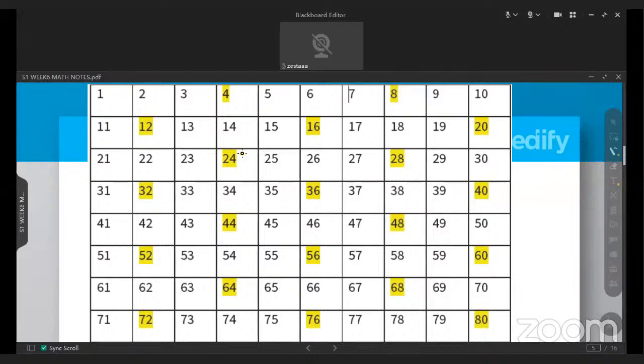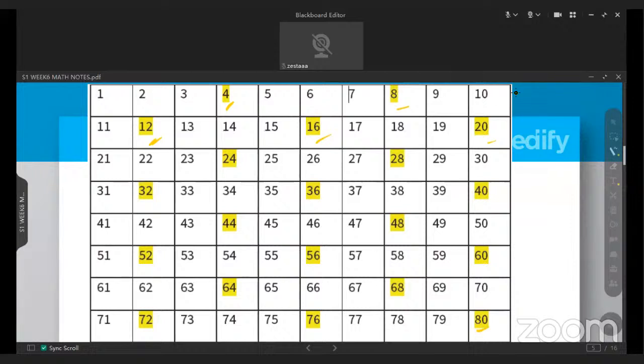The ones in yellow, we have 4, 16, 18, all of them up to the last one. They are multiples of a certain number. Which number is that? By show of hands. Rodney?